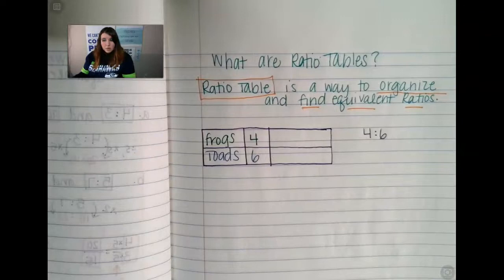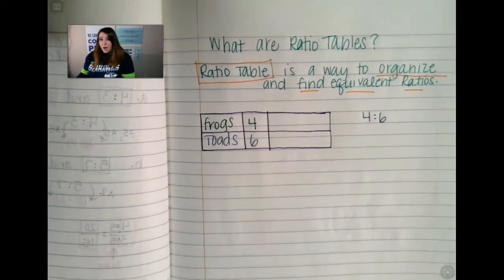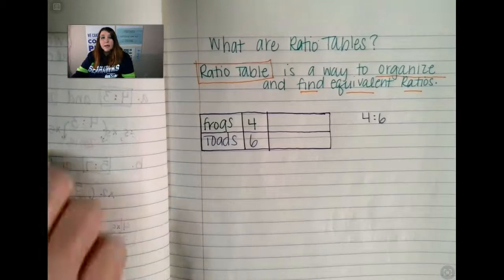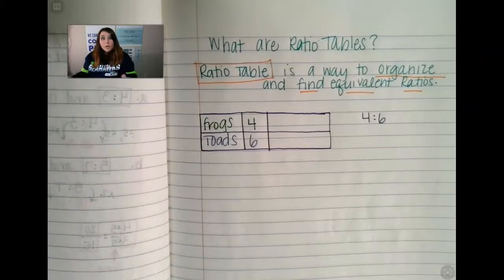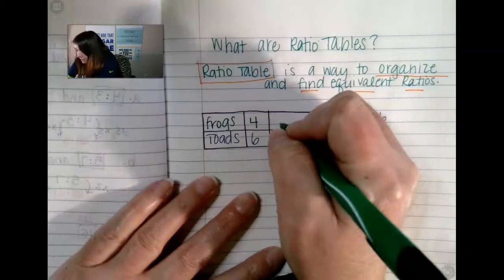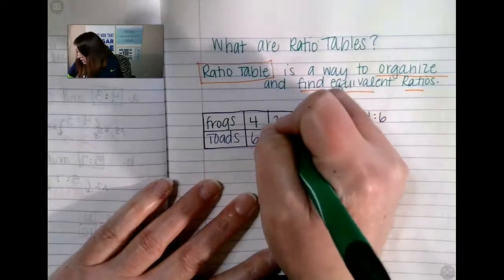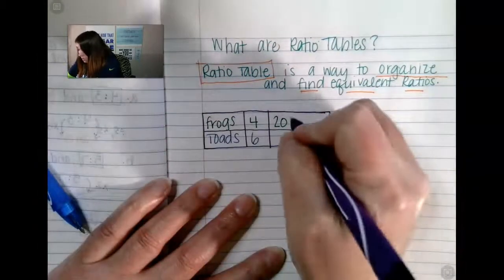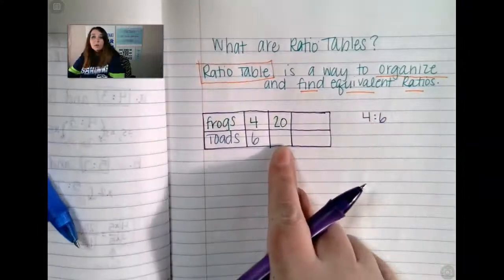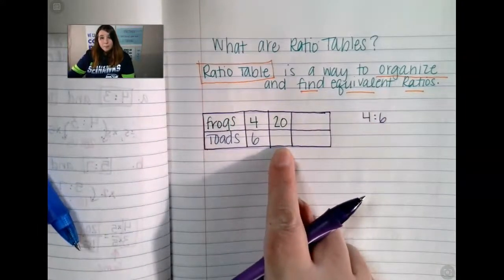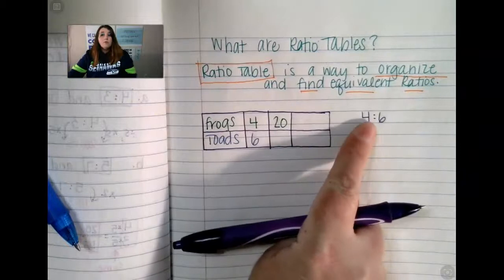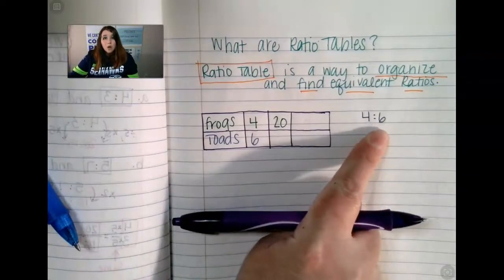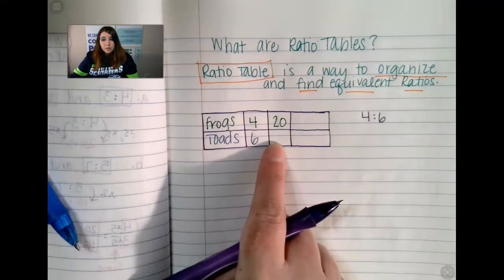Now, in this ratio table, they will give us other quantities, and we have to fill in which quantity goes where using a 4 to 6 ratio. For example, let's say that they give us 20 frogs, and we don't know how many toads there are. We can use this ratio of 4 to 6 to solve for the missing information.